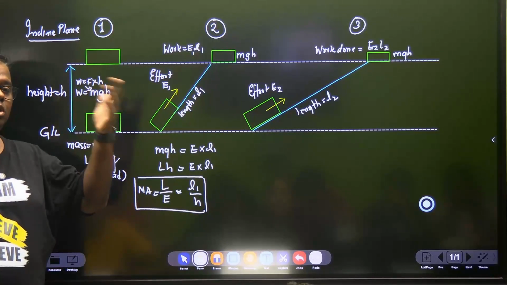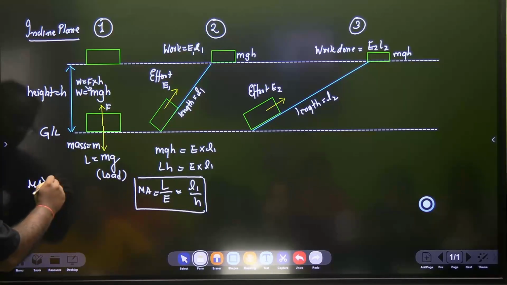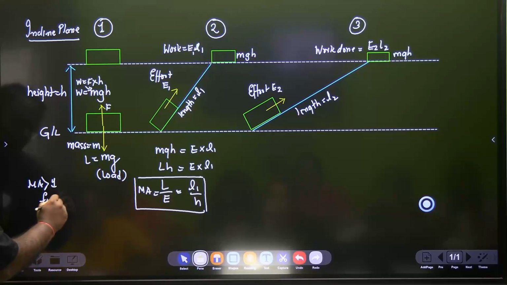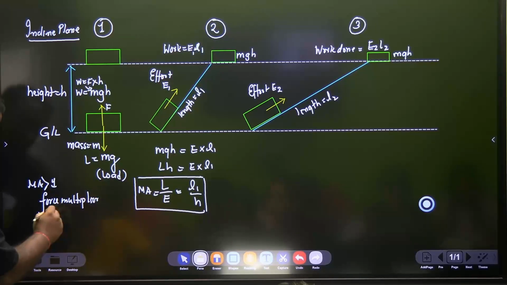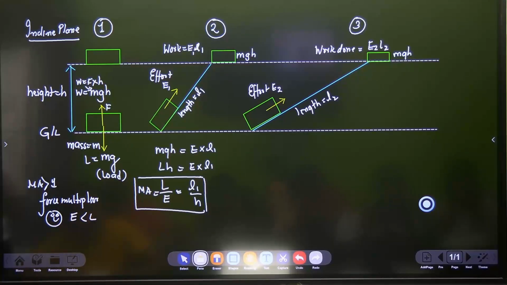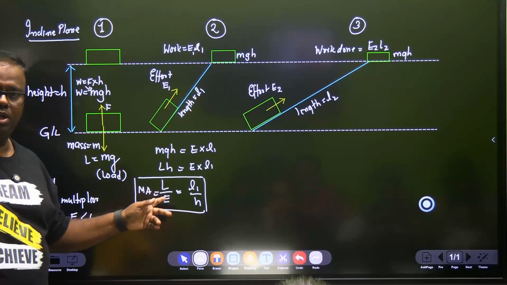Mechanical advantage more than 1 means if your MA is greater than 1, then the case is that of a force multiplier. And whenever you come to a force multiplier, your face becomes happy because you know that the effort will be less than the load. Now for this MA to be greater than 1, this ratio should be greater than 1.